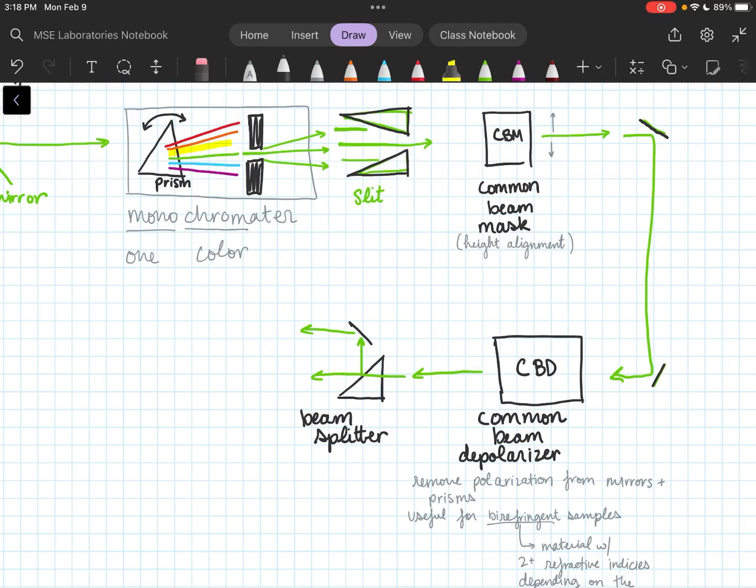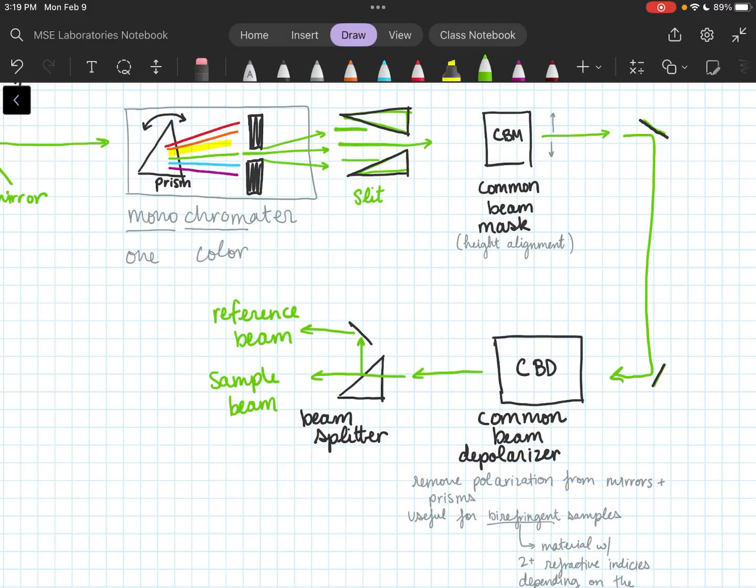And the easiest way to deal with that is to make sure that the detector always knows how much light there should be compared to how much light there is. So what I'm doing here is creating a reference beam and a sample beam.